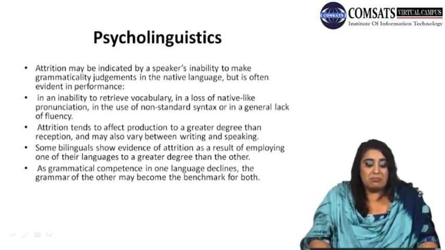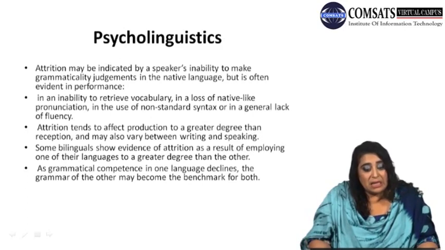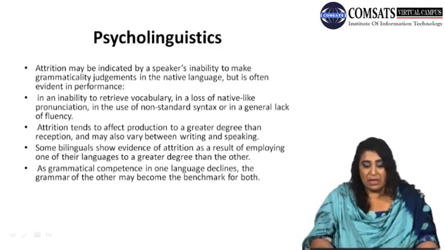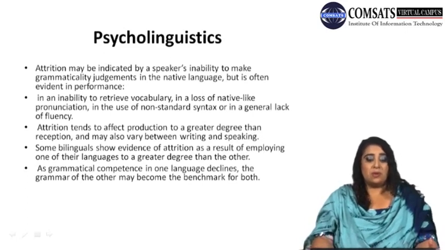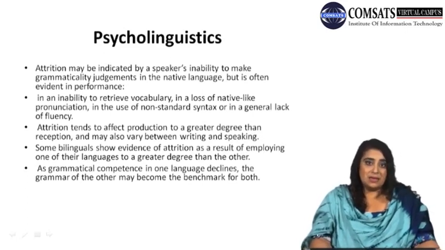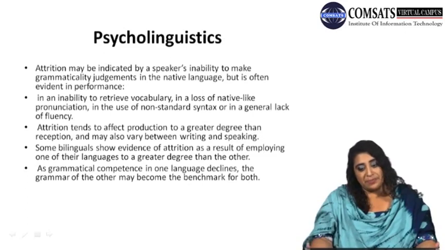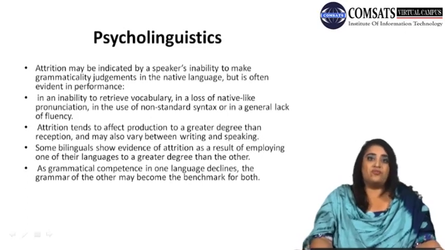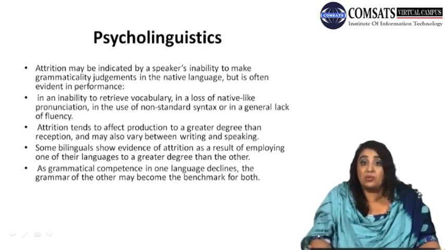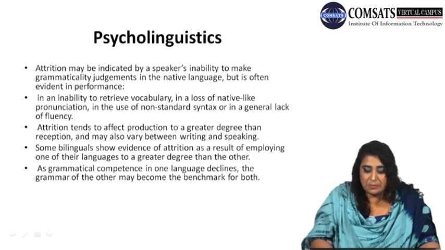But at that time when I had learned it, I was very fluent in it. So as grammatical competence in one language declines, the grammar of the other may become the benchmark for both. So even if my grammatical competence in Russian got less, I would use the English grammatical rules as a benchmark for both, which won't work.